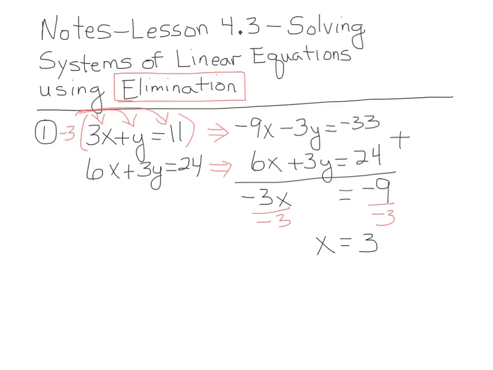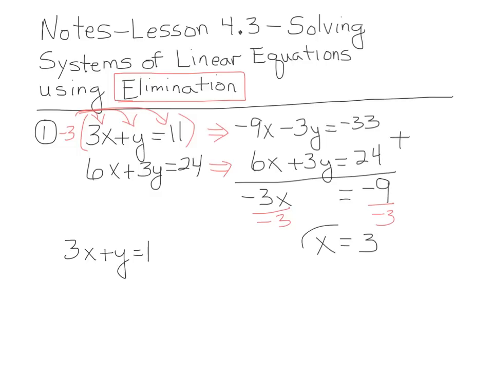Now all you have to do is take that value, x equals 3, and plug it back into one of the original equations. It doesn't matter. You can plug it into the first one or the second one. This first one looks a little easier to me, so I'm going to write 3x plus y equals 11.